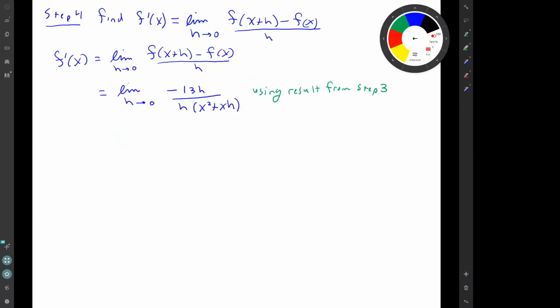Notice that this is an indeterminate form because of the h over h. And in the very first step, the original limit was an indeterminate form. Because if you substitute in h equals 0 into that original limit, you'll get 0 over 0. And remember what I mentioned in a previous video, limits of these difference quotients are always indeterminate forms. But remember, we know something about h.